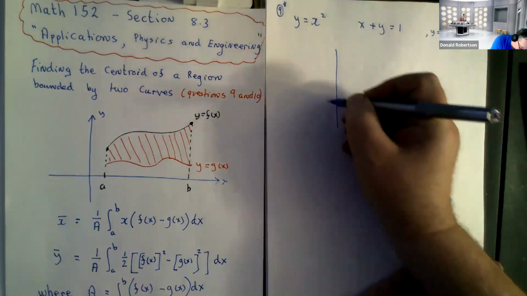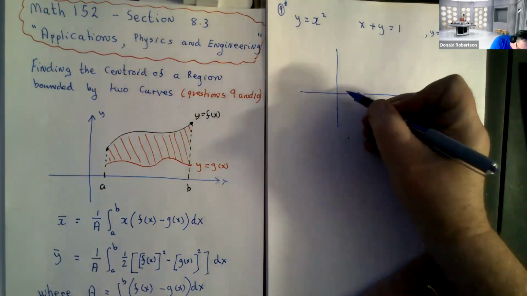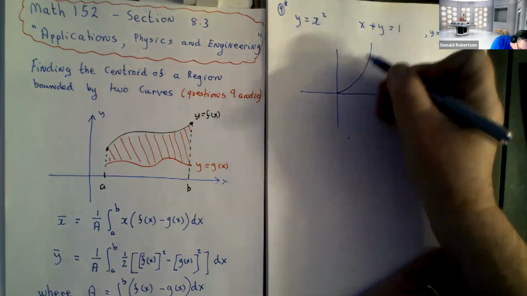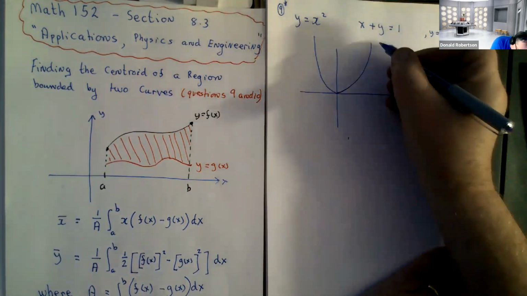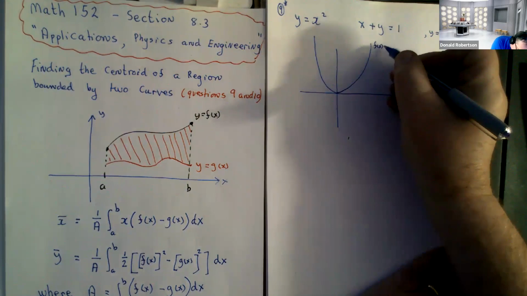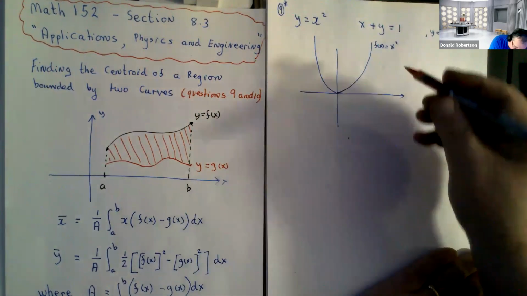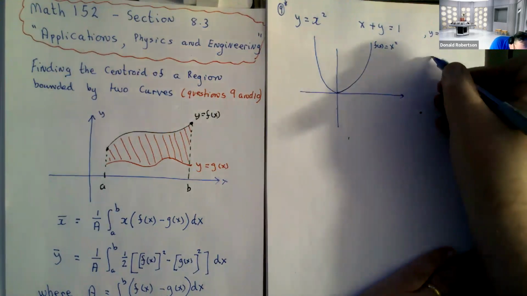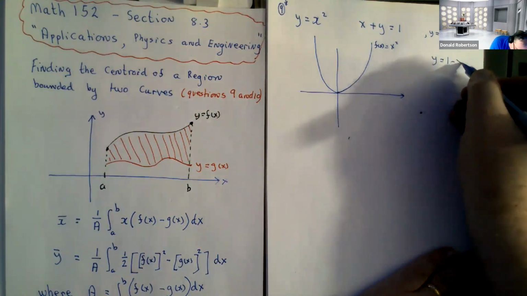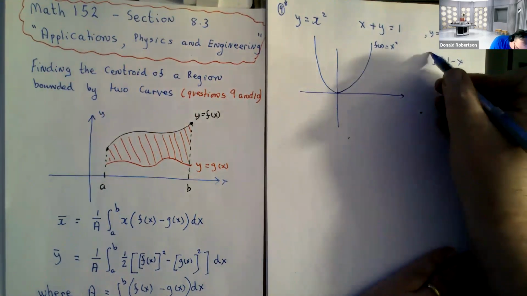I should be able to do the curve y equals x squared without referring to Desmos, but if I wasn't sure, I could certainly use it. X plus y equals 2 is actually just another version of y equals 2 take away x if you rearrange it.